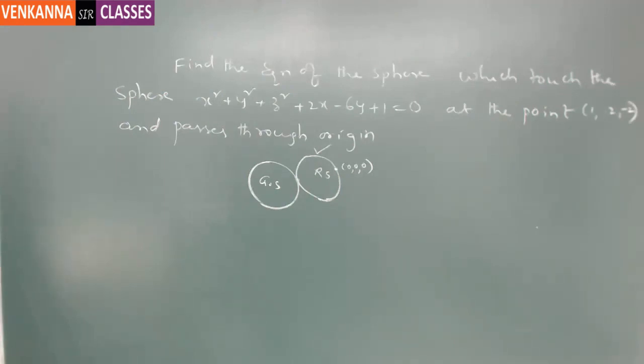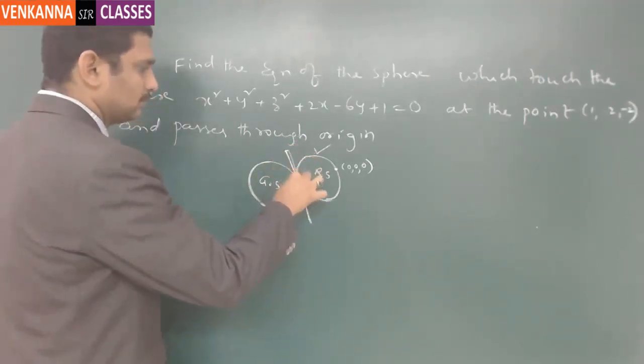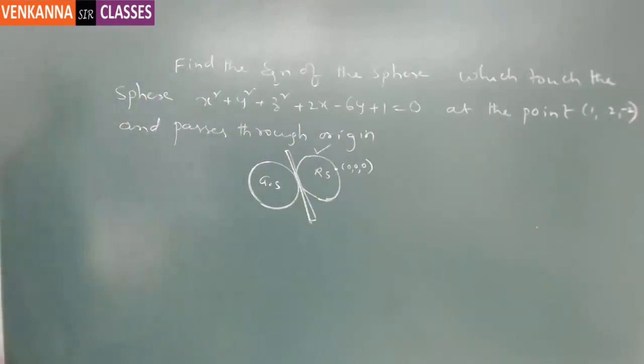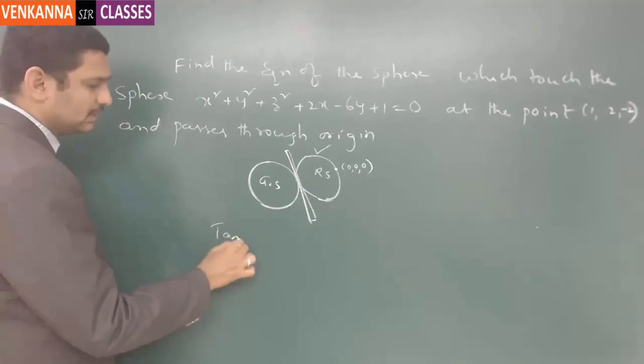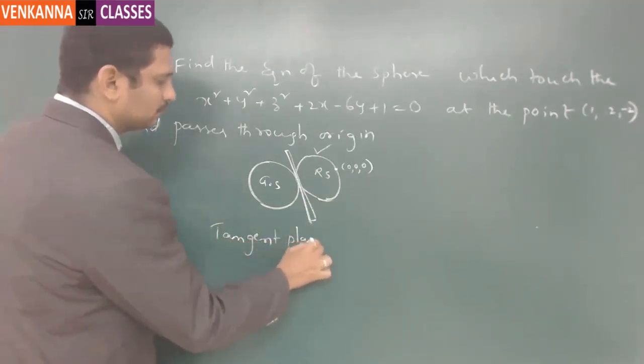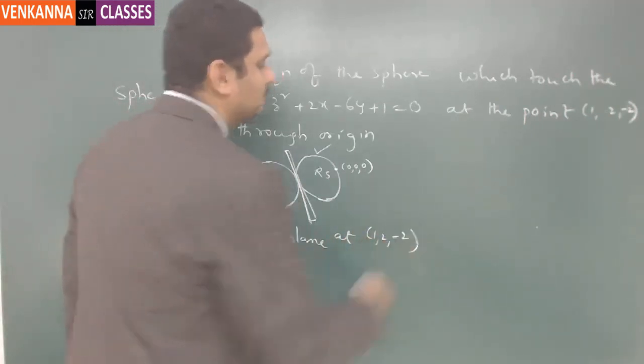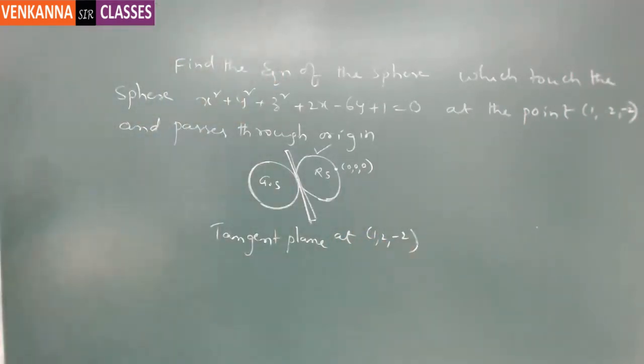Now I request you to calculate the tangent plane at this point. So we have to calculate the tangent plane at (1, 2, -2) for the given sphere.